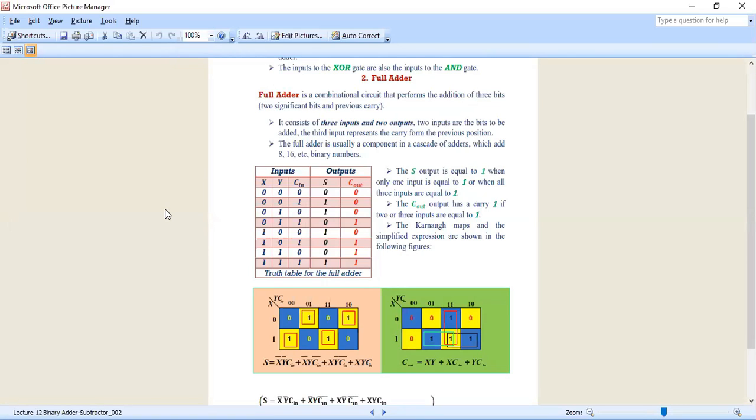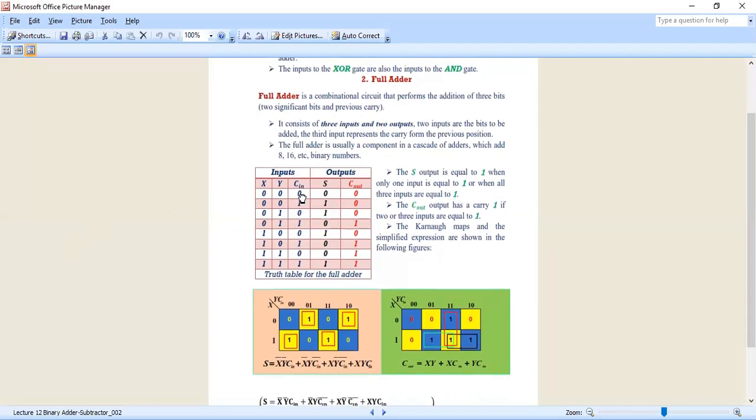So here we have to take the full adder: x, y and carry in. This carry in, the third input bit, represents the carry from the previous position.